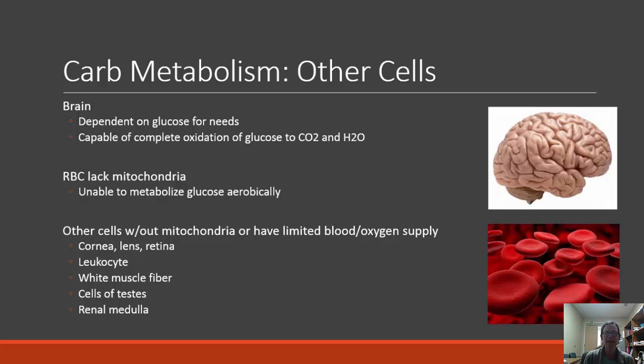Now, we have other cells that don't have any mitochondria, and if they don't have any mitochondria, then they can't metabolize glucose aerobically, and therefore they metabolize the glucose anaerobically, especially to produce lactate, which we'll see. These cells rely exclusively on glucose, but they do process it anaerobically.